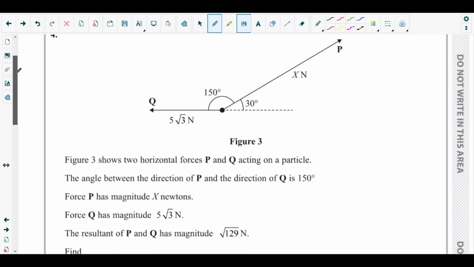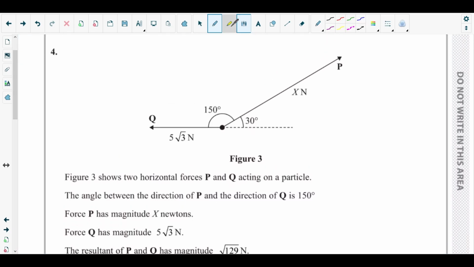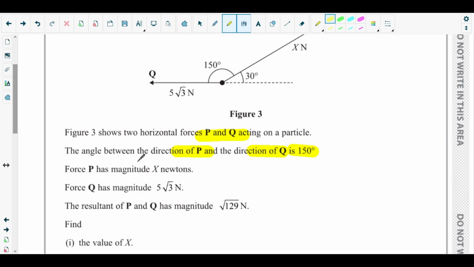Right at first you can see a figure 3. It's given, which shows two horizontal forces P and Q acting on a particle. The angle between the direction of P and the direction of Q is 150 degrees. Force P has magnitude x newtons, you can see the figure.